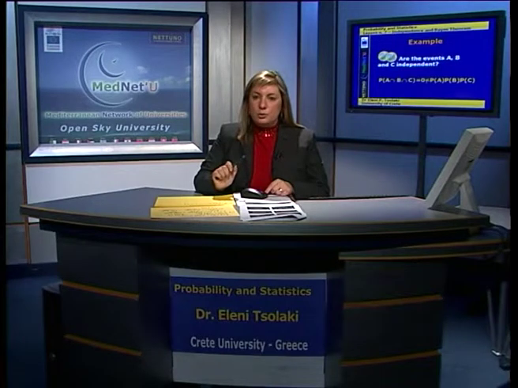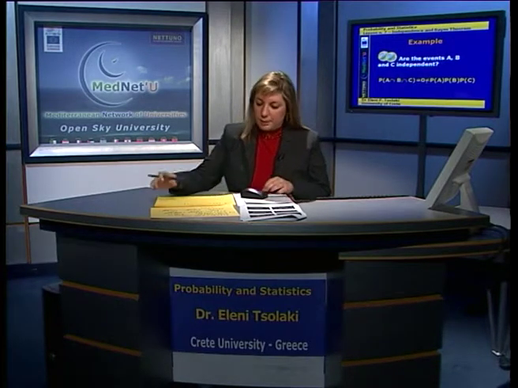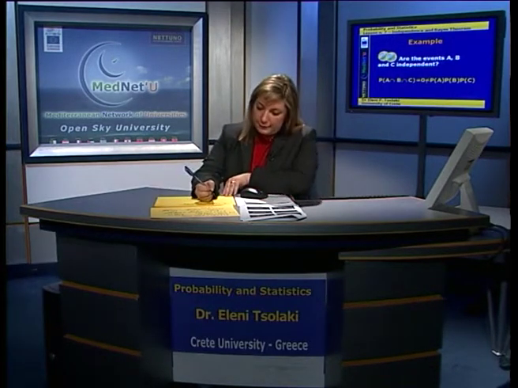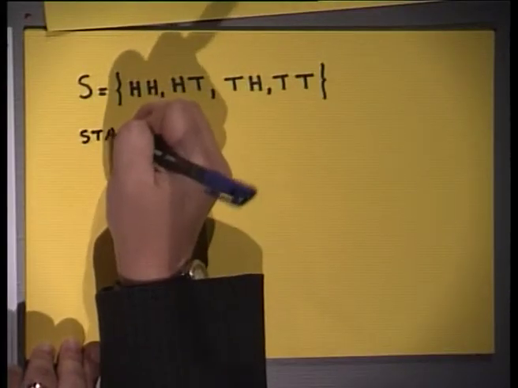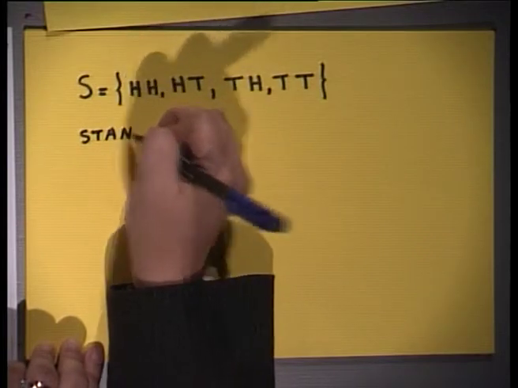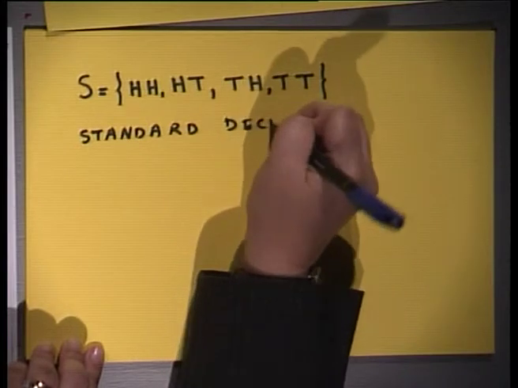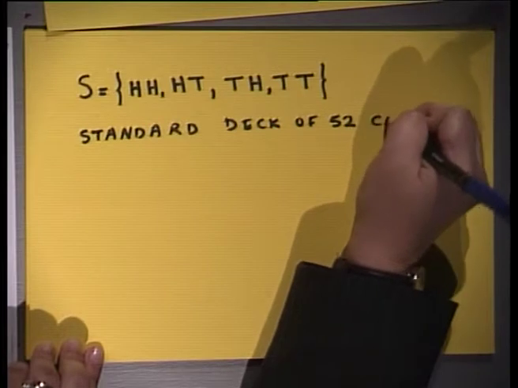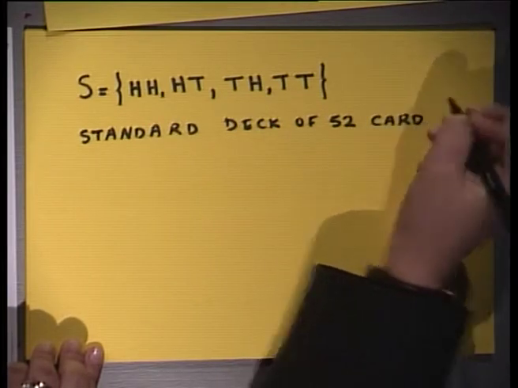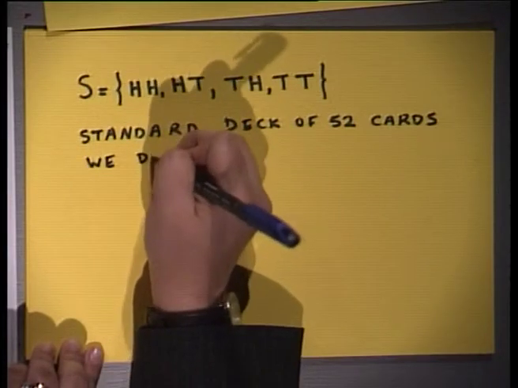Now we are going to work through an example to see how we can prove that some events are independent. So assume we have a standard deck of 52 cards, and we draw one card. Our experiment is that we draw one card.